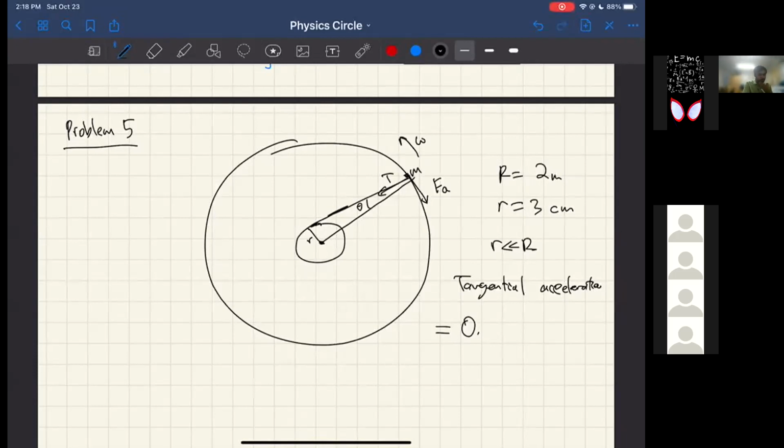However, the string is not pointing towards the center. The string is pointing towards this point on this circle of your hand.